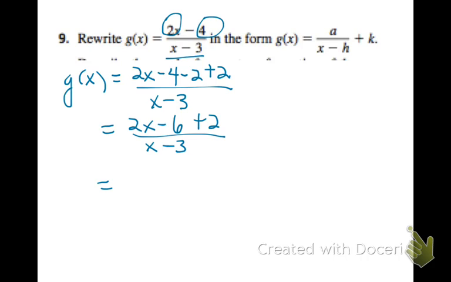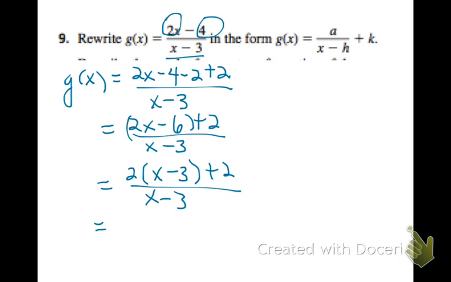So my first two terms in the numerator I can group together and I can factor out a 2. I will still have that plus 2 all divided by x minus 3. But now I can split up the numerator with that denominator. So I'll have 2 times x minus 3 all over x minus 3, plus 2 over x minus 3.